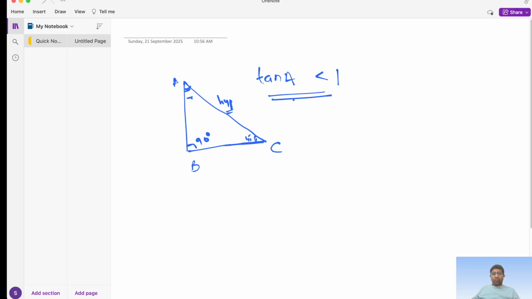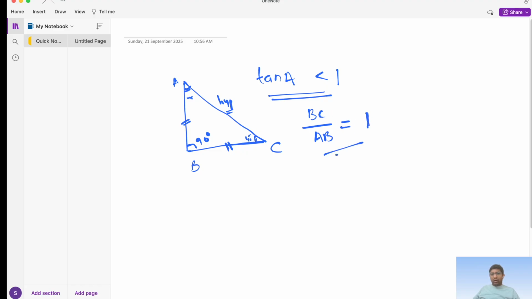So tan A would be opposite side BC by adjacent side AB. Since both angles are equal, BC would be equal to AB because this is a right angle isosceles triangle. If BC is equal to AB, the ratio will be equal to 1.